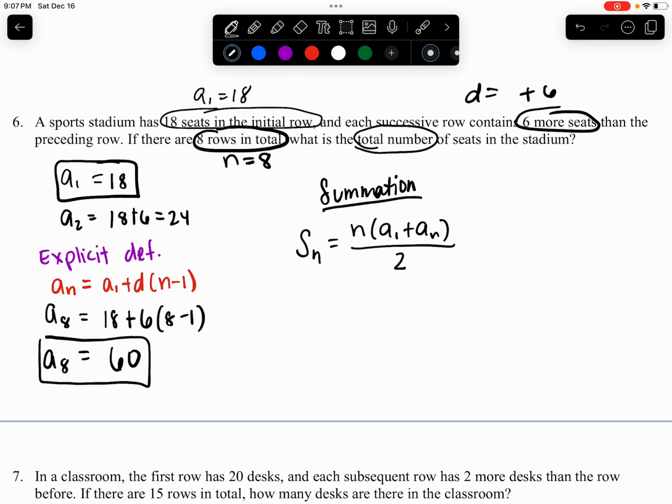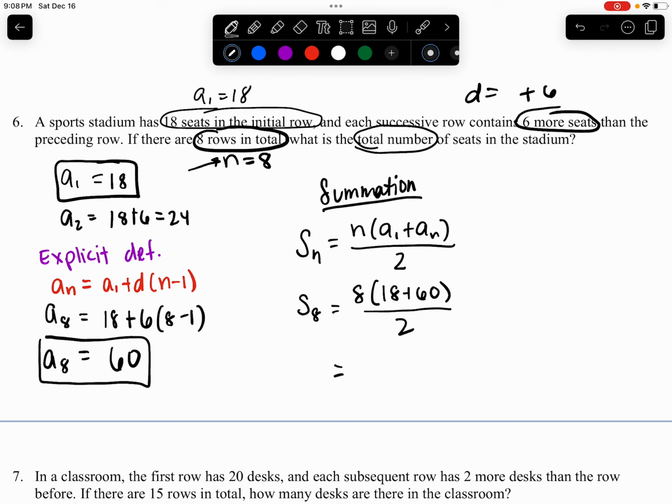Now we just plug in these in this formula. So S, we're looking for 8, right? S8 equals 8 times my first term, which is 18, plus my last term, which is 60, divided by 2.